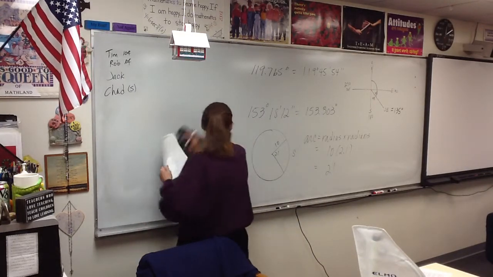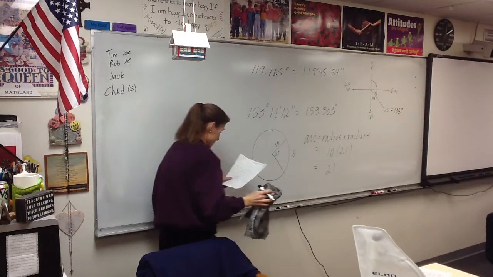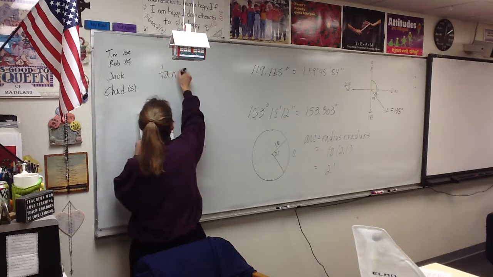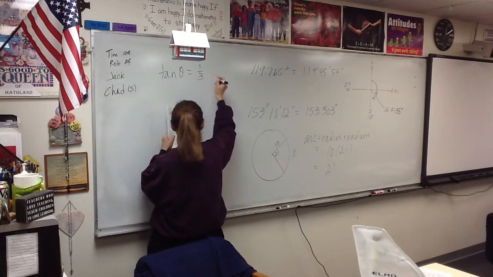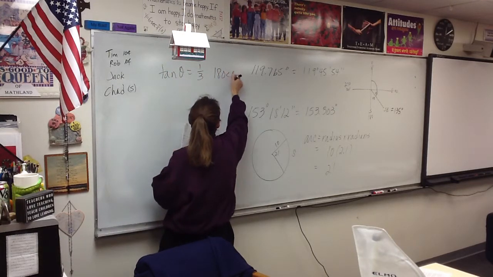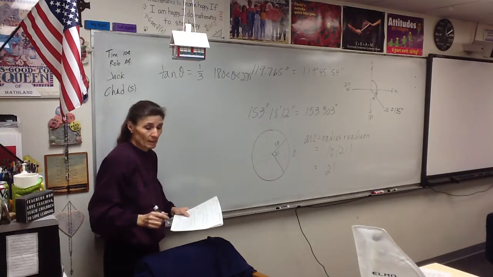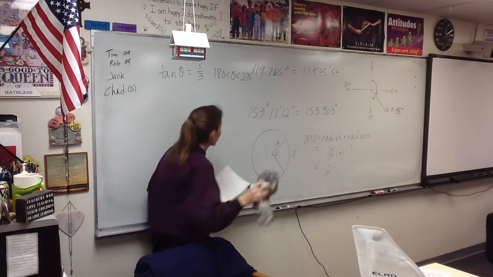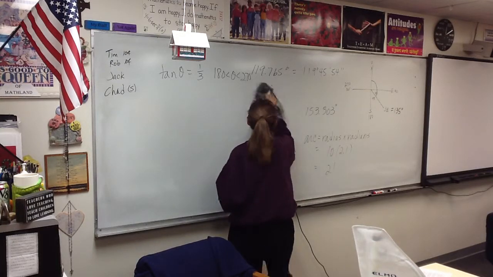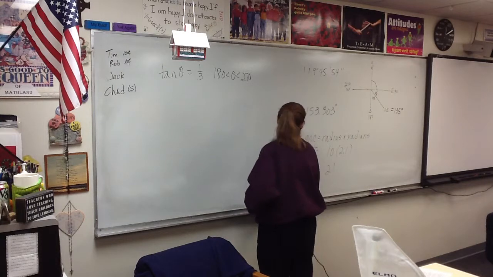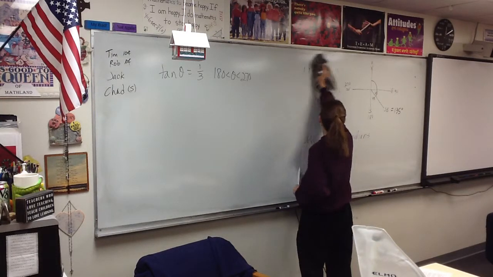Okay, now we are given that the tangent of an angle is a third, and the angle is between 180 and 270. If we are between 180 and 270, what quadrant are we in?